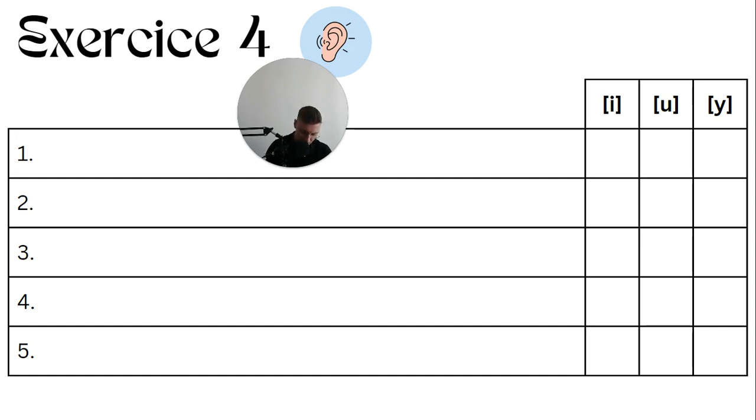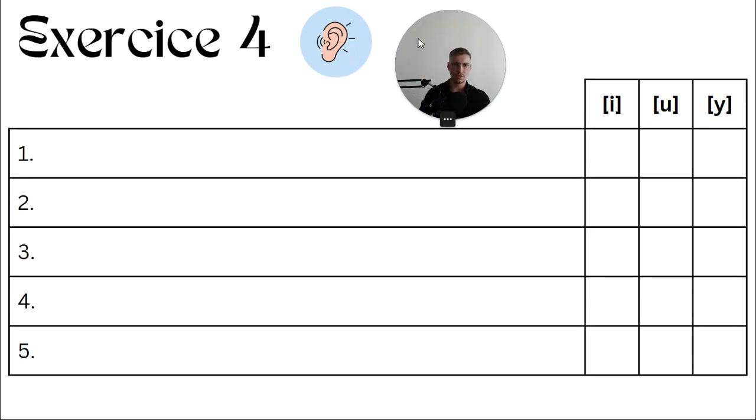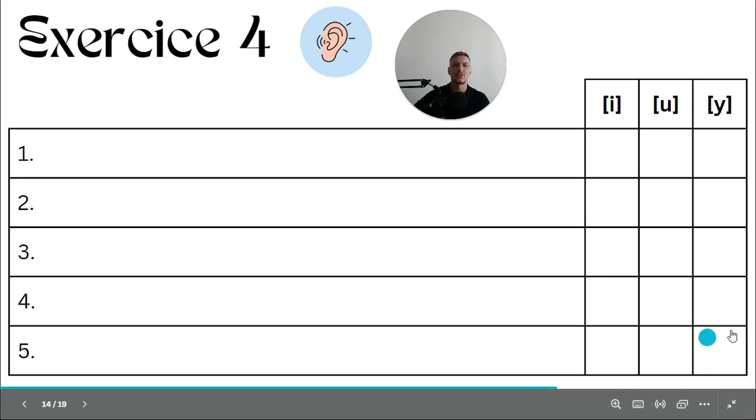I think this will be the last exercise. Okay, almost the last exercise. Maybe the most difficult for some people, I don't know. What I will do is read sentences to you. I want you to listen to the sentences.